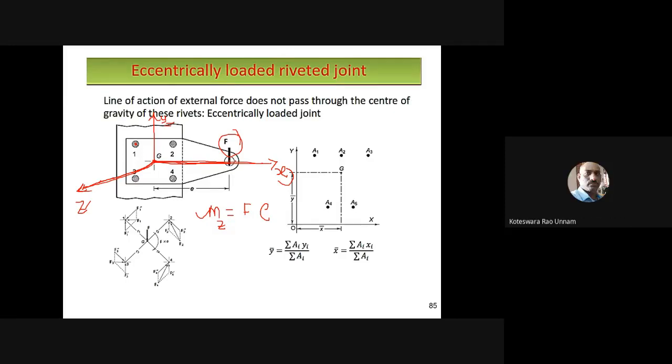Because here you have shown the cross section, the rivet length is in the z direction only. This is a plane. How can we connect this bracket to this plate? Through rivets only. So the length direction of the rivet is perpendicular to this plane, that means along the z direction only. So if the moment is acting about the longitudinal axis, then what do we call this moment? Do we call it a bending moment or a twisting moment?